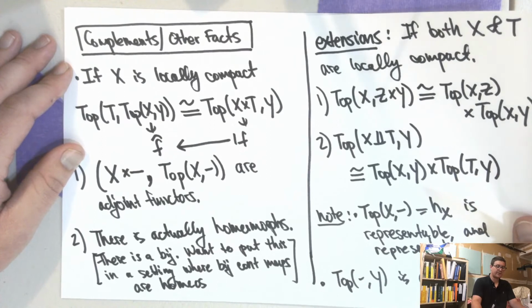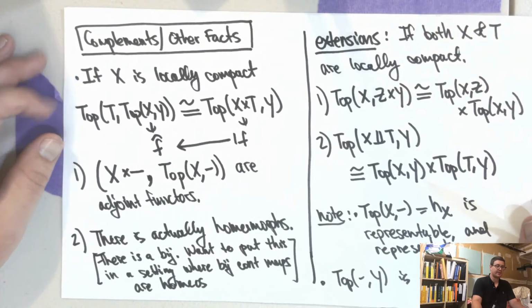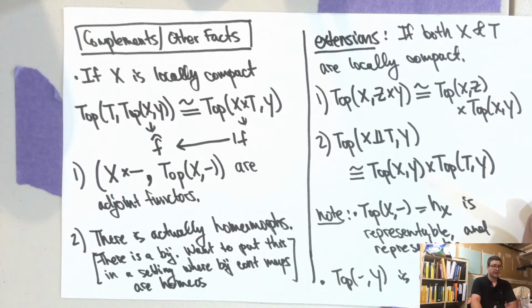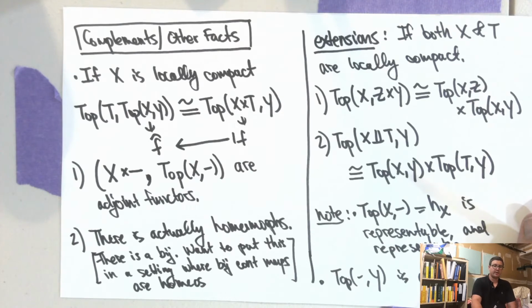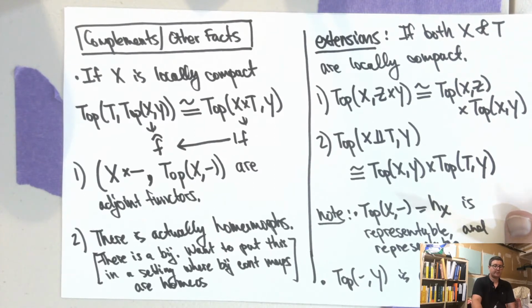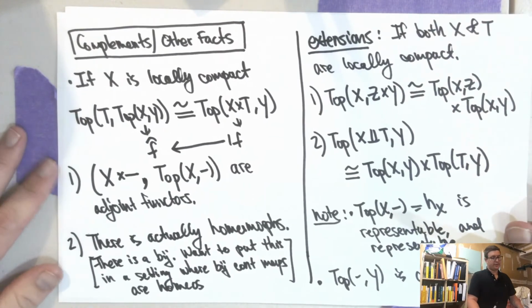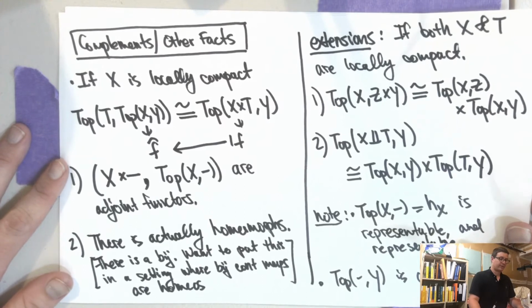Another way to think about it is that this is a contravariant functor, and the contravariant functor will flip. So we go to the opposite category where products become coproducts, and so it should flip the coproducts to products.